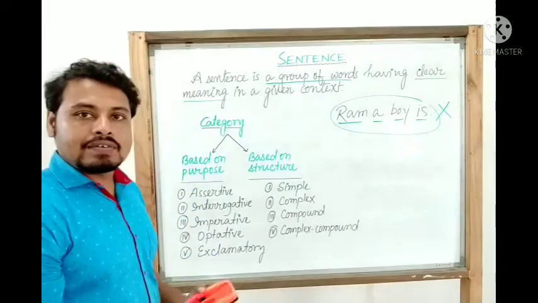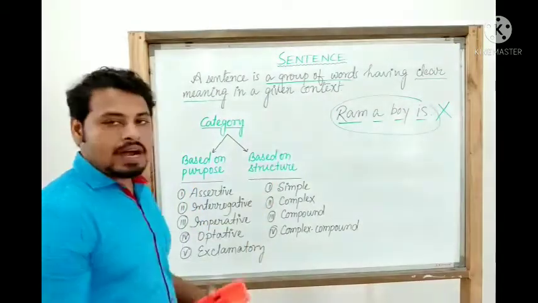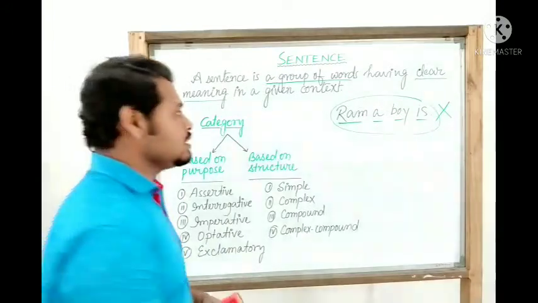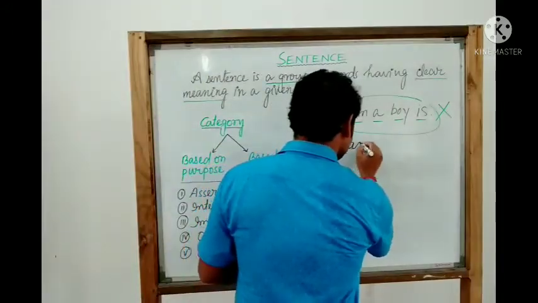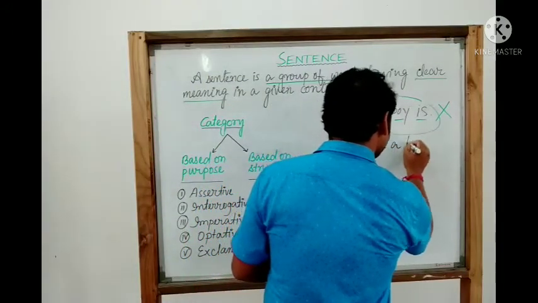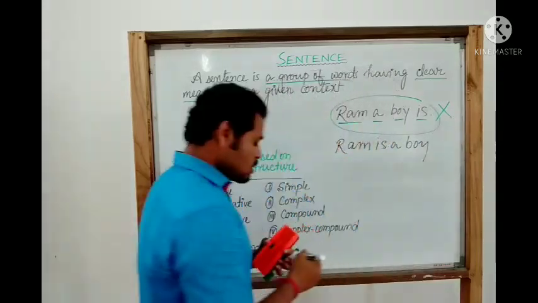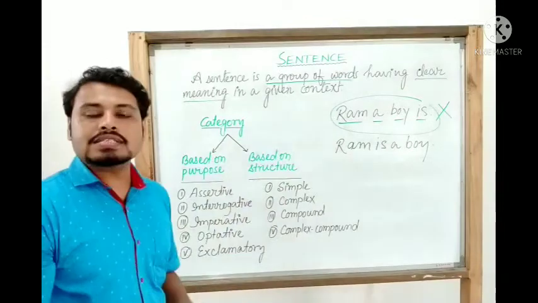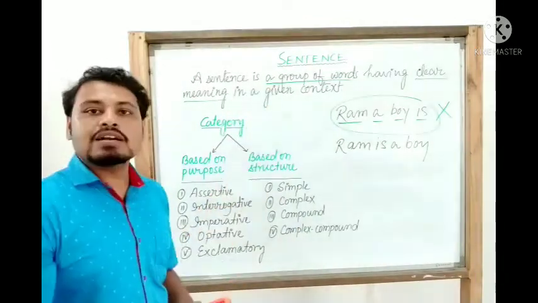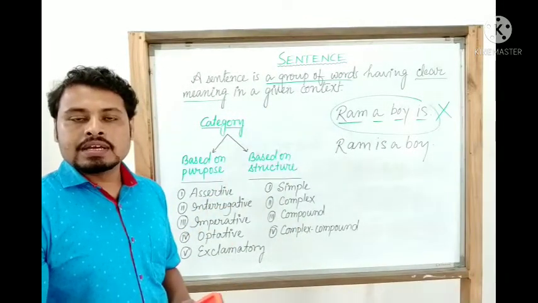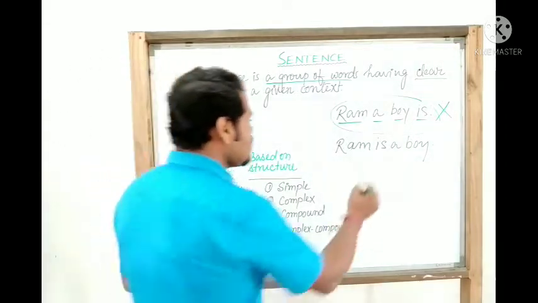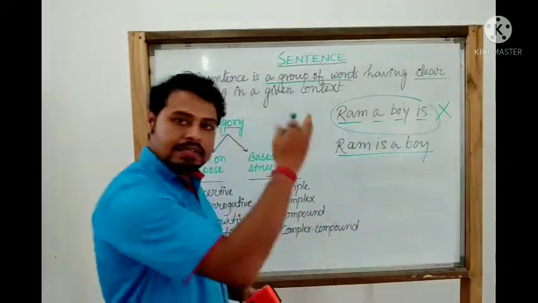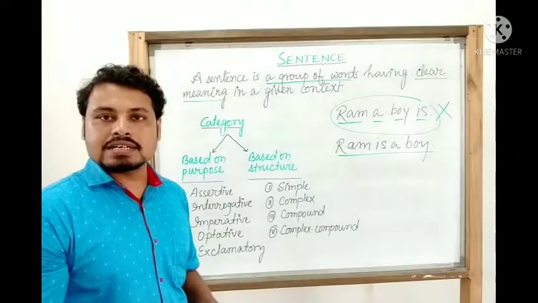Now if we reshuffle these words and we try to write like this, Ram is a boy. So you see we have used those same words that we have in the earlier group of words. The second one is also a group of words having the same words as earlier.